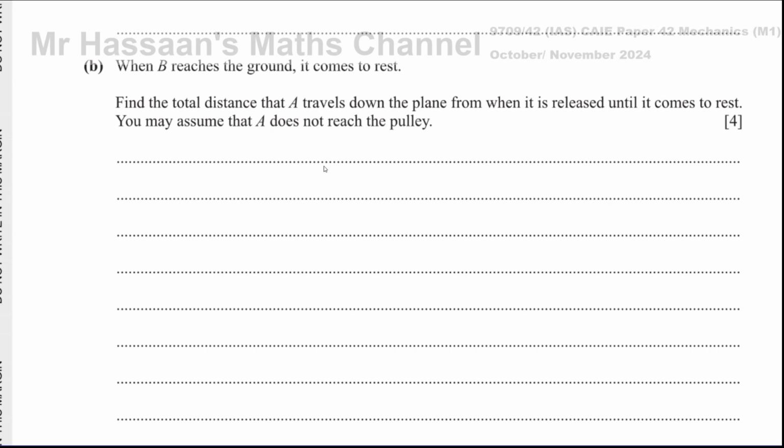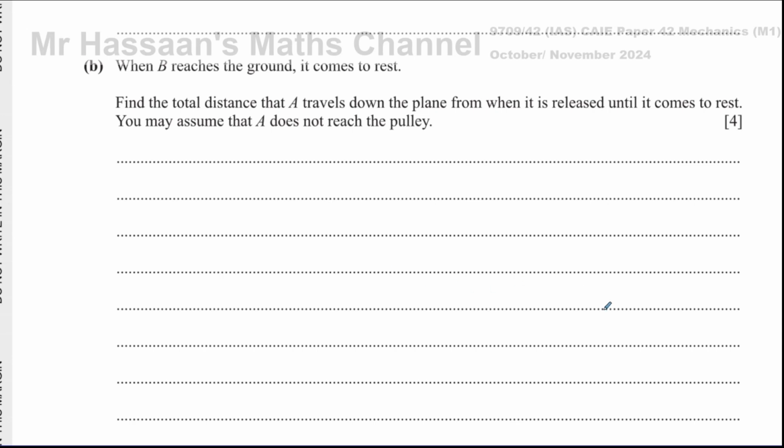We can then work out its new acceleration, and therefore the distance it takes to come to rest, and then add that to the distance it has moved before B hit the ground. Or we can use the work-energy principle, which I'm going to show you both ways.